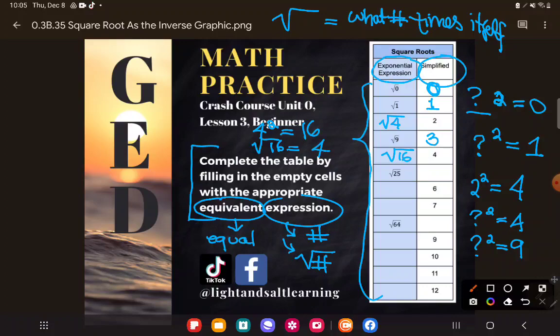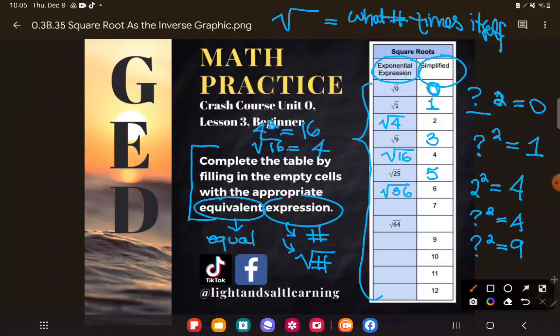Wonderful. So then the square root of 25, what number times itself is 25? Well, of course it's 5. And now I'm making you fill in the square roots again, because I didn't want you to just write down the right-hand side, 0, 1, 2, 3, 4, 5, 6, 7. Okay, you guys. So what square root expression here would give me 6? Why, of course, it would be 36.